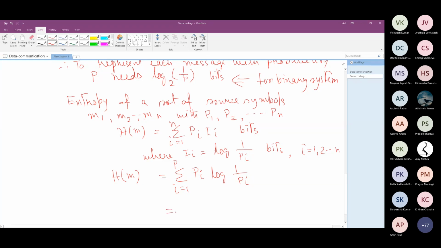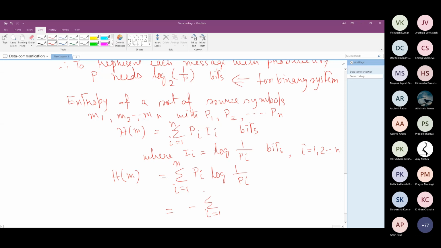So that is equal to minus sigma, okay, I think we may not put it like this. I think 1 by n, i equal to 1 to n, that is better.